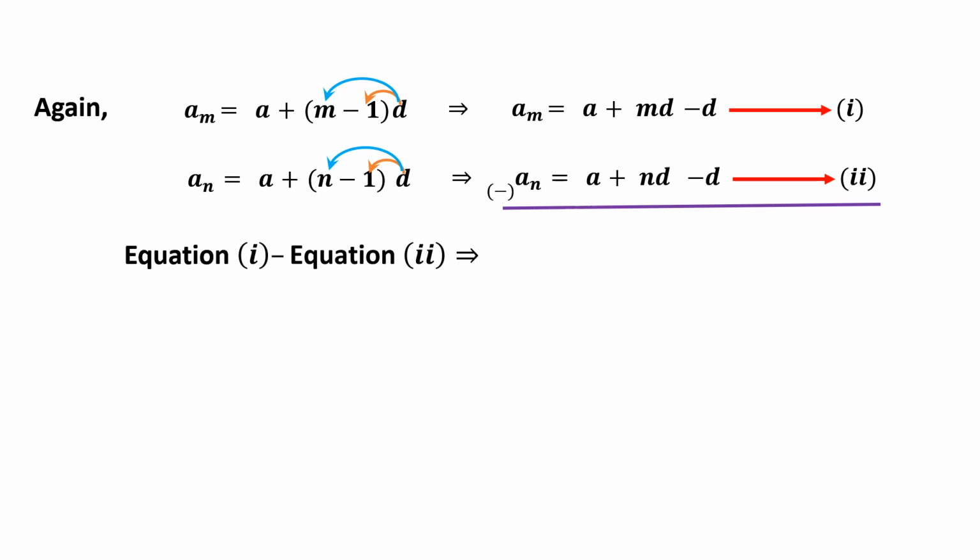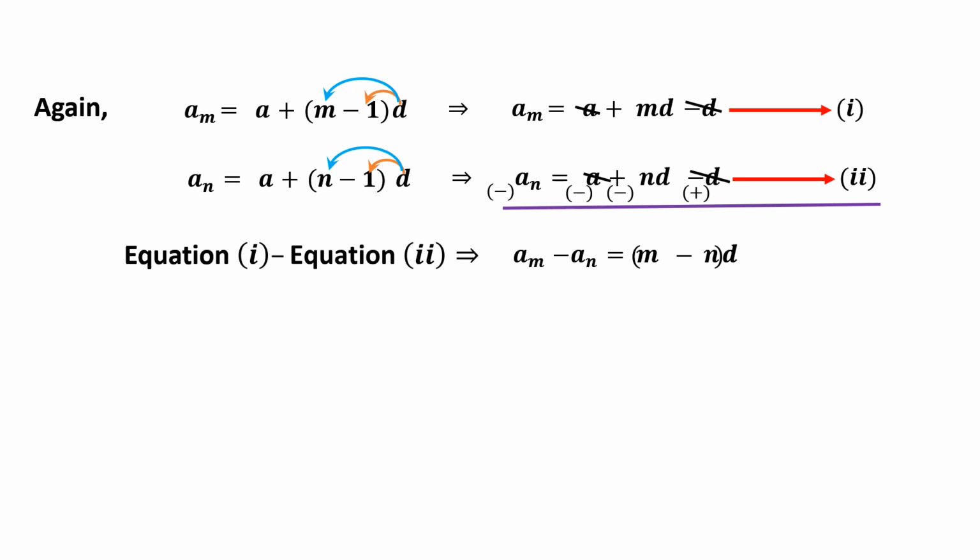While subtracting, we have to change the signs like this. You know this. You know the subtraction of algebraic terms. Am minus an equals a minus a. They get cancelled. Minus d plus d get cancelled. What remains? md minus nd. Now d is a common factor there.